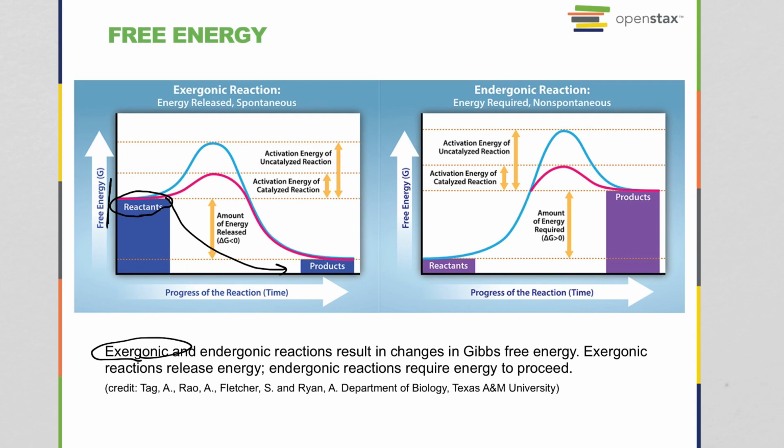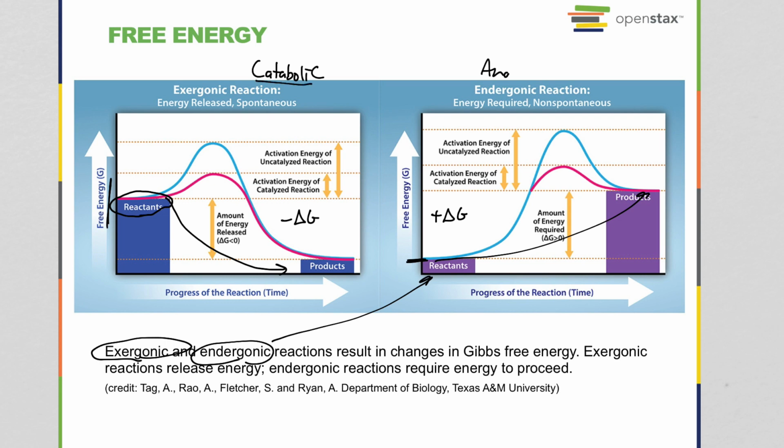In an endergonic reaction, our reactants start off relatively low and the products end up high, which means we had to put energy into the system. So that's why, remember, exergonic reactions are a negative delta G and endergonic reactions are a positive delta G. In biology, this almost always means catabolic reactions on the exergonic side, and it means anabolic reactions on the endergonic side.